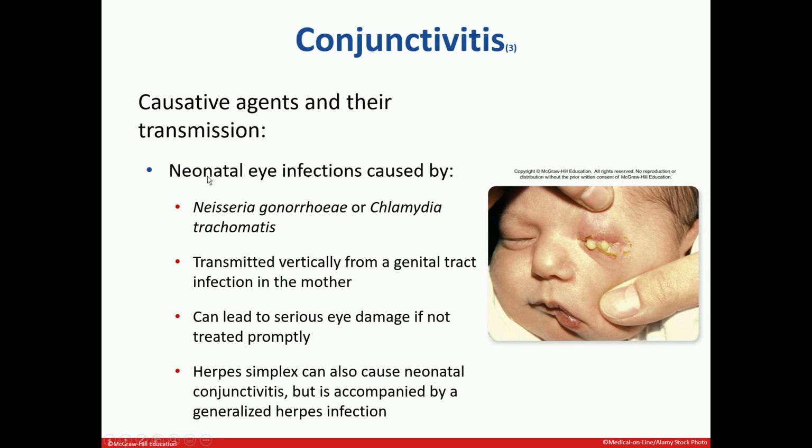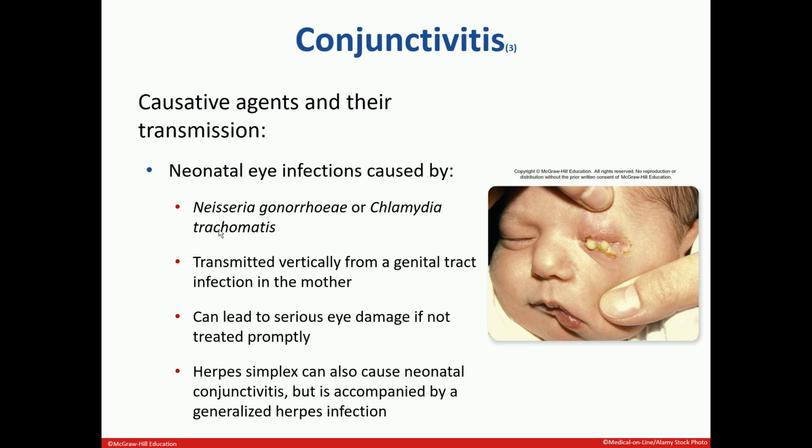So basically right now we are talking about the conjunctivitis which can be caused in the neonates. Neisseria gonorrhoeae and Chlamydia trachomatis can cause conjunctivitis in the neonates, and these bacteria can be passed vertically, which means passing from mother to the child.